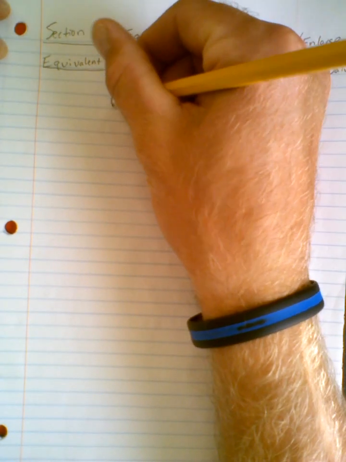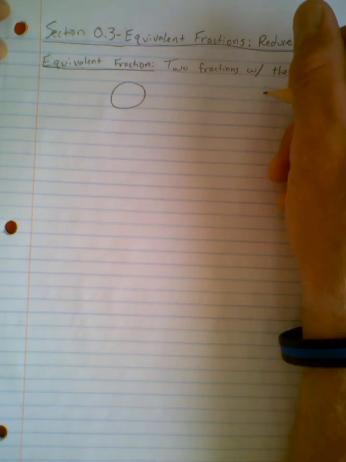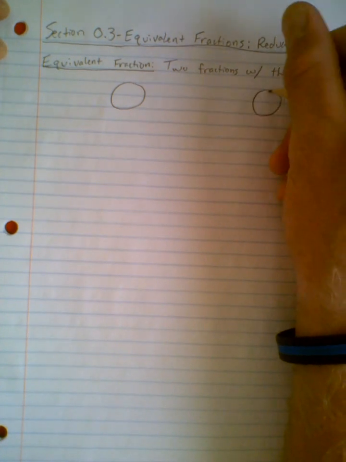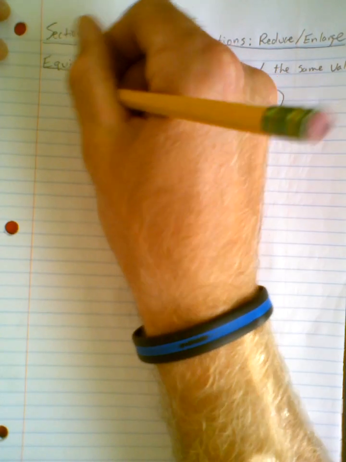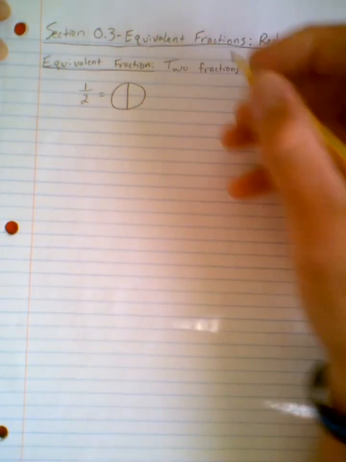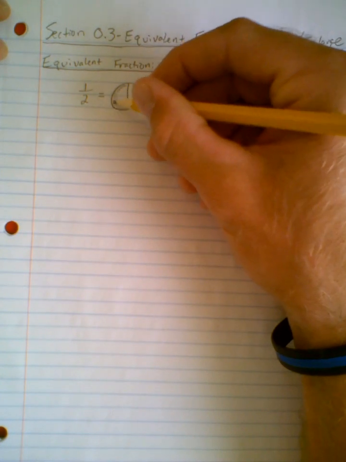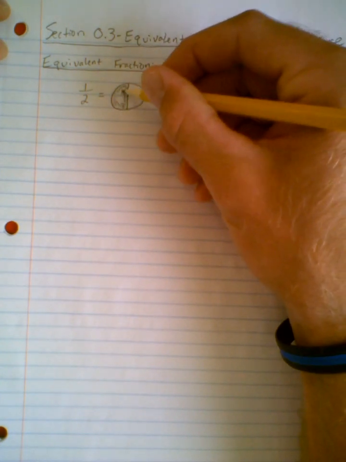So go ahead and draw two small circles right underneath your equivalent fractions. And on the one on the left, go ahead and cut that pie in half and just write 1/2. And just lightly shade that half. Okay?